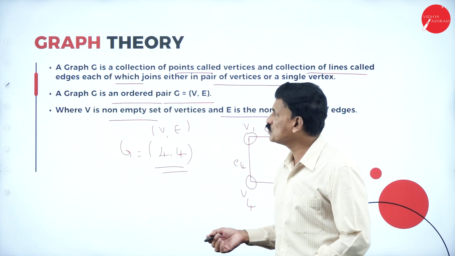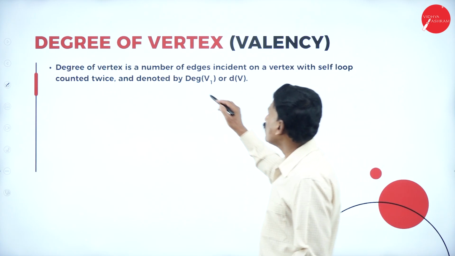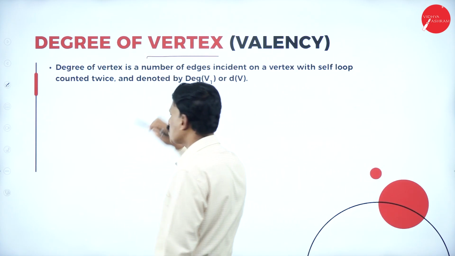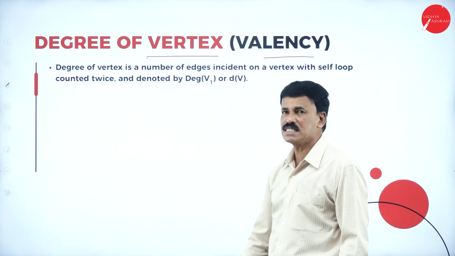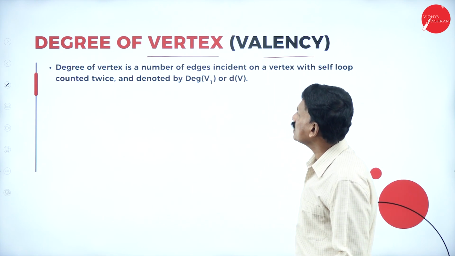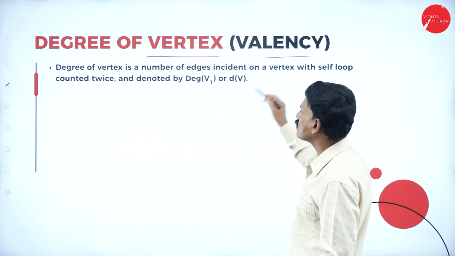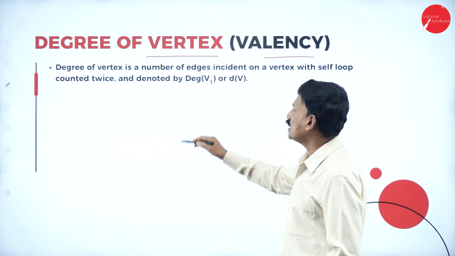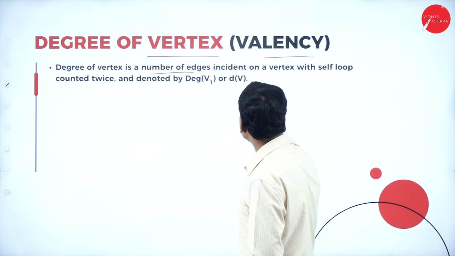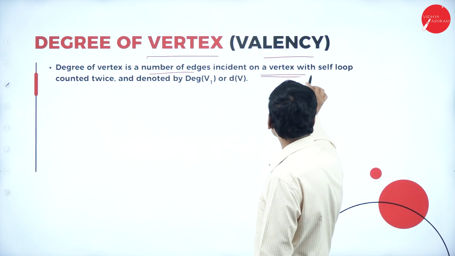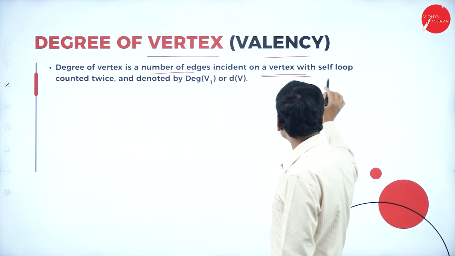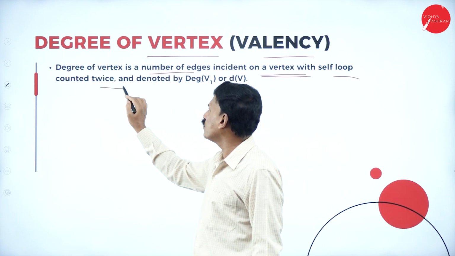Now, let us come to the next concept. What is the degree of a vertex? The degree of a vertex is also called the valency. The degree of a vertex is the number of edges incident on the vertex, with a self loop counted twice.